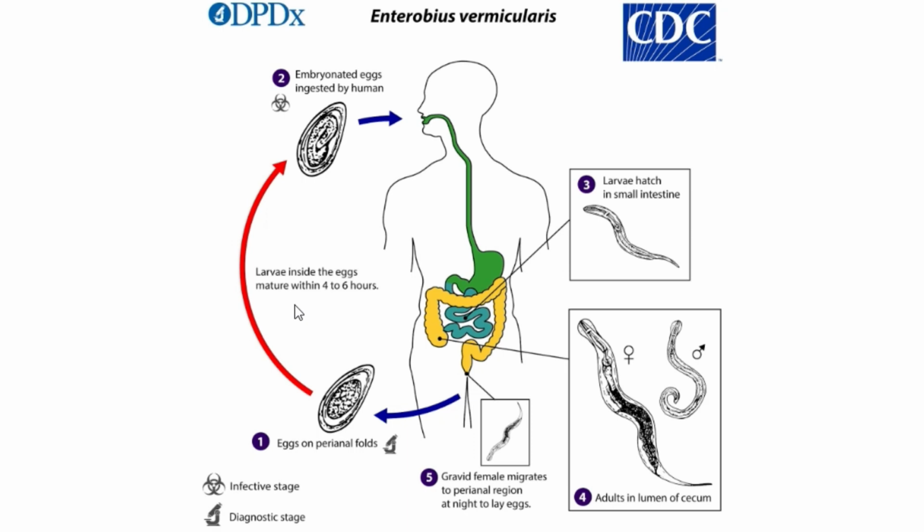Kasi sa gabi, commonly, the gravid female migrates to the perianal region at night to lay eggs. So yung babae daw po na parasite po, nangingitlog daw po siya, pumupunta siya doon sa butas ng puwet para doon daw po siya mag-lay ng eggs niya. And then typically, it will take around 4 to 6 hours before the eggs can mature and can become infected.